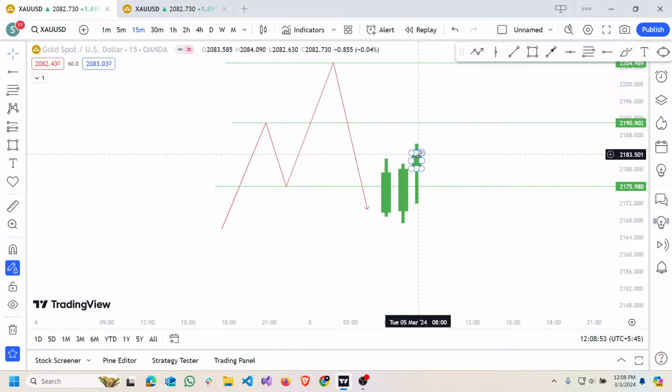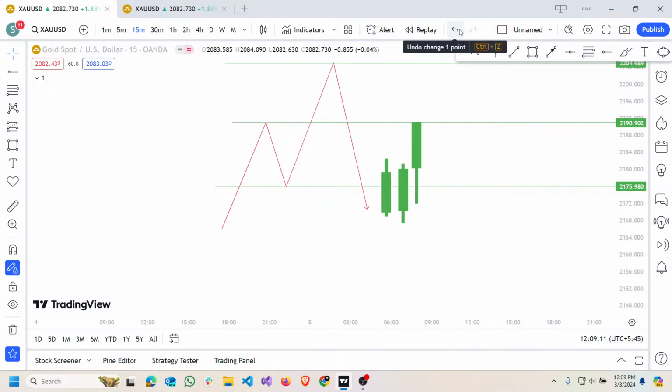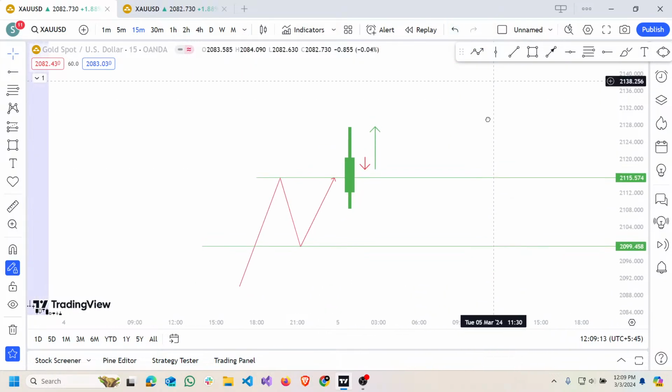This candle created a top wick, came down, created a bottom wick, and if it is again breaking its own high, then we have range till here. We can take a buy till here. Okay, that is our third setup, or it is the second. Oh, it's the second setup.